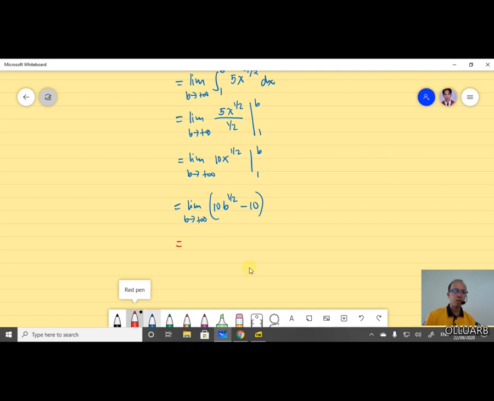Notice this is the limit of 10 b to the 1 half minus the limit of 10. The limit of a constant is the constant, so this one is 10, but this one is positive infinity.